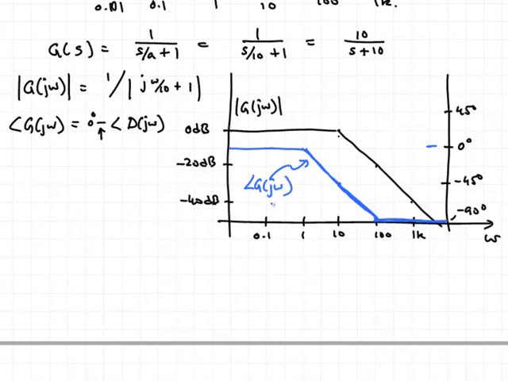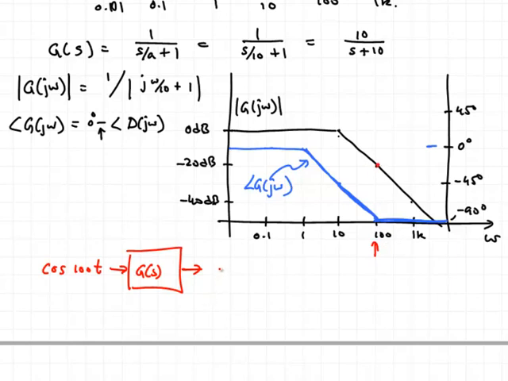So how do we interpret this? Let's suppose we're exciting the system at 100 radians per second. So I'm going to excite the system with cosine of 100t. I drive my system g of s with that, and I get some output. I looked this up here: the magnitude at this point is minus 20 dB.